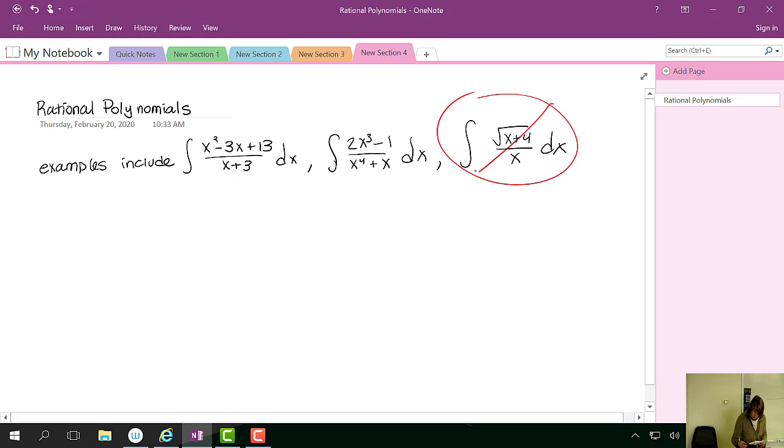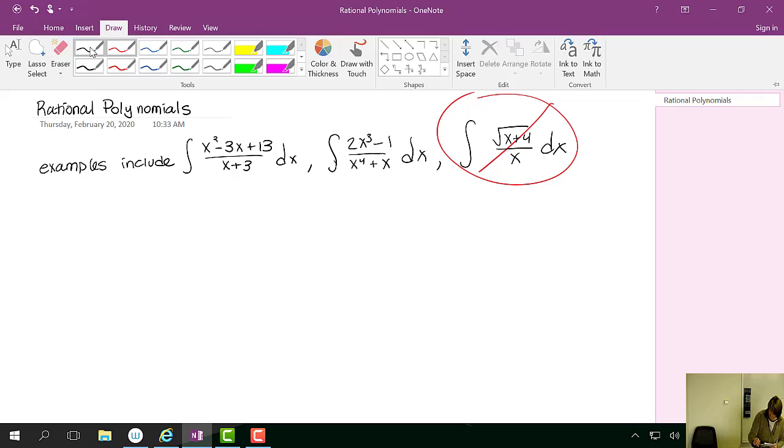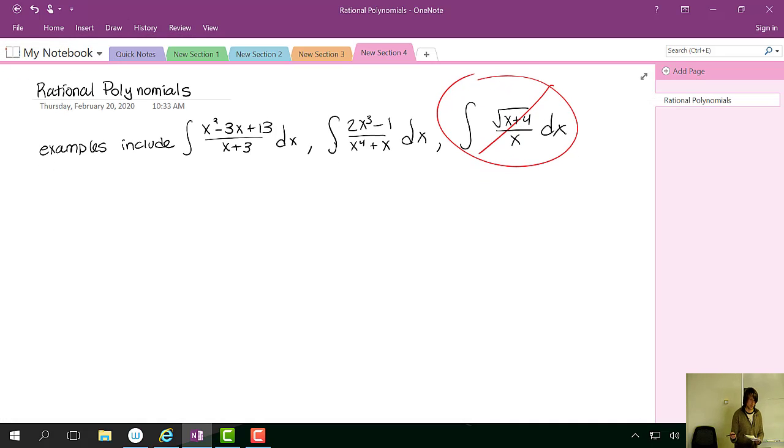And just to review, a rational polynomial, when I say that, it's just any integral where we have some polynomial degree n divided by another polynomial. And this doesn't include things that are all raised to some single power. So if I had square root of an entire polynomial, that wouldn't be this type of thing. Those are slightly different methods for solving.